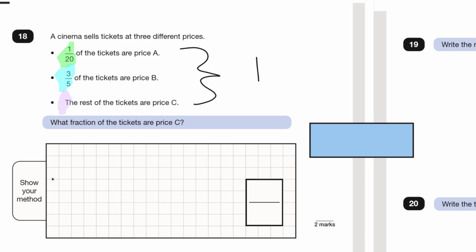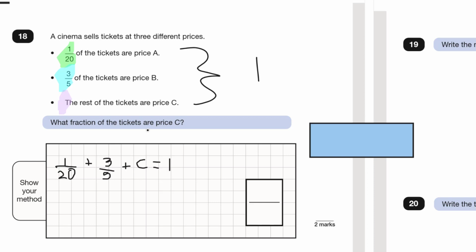So what we know is 1/20th add 3/5 add ticket price C equals 1. Okay, so we're just writing what we know.